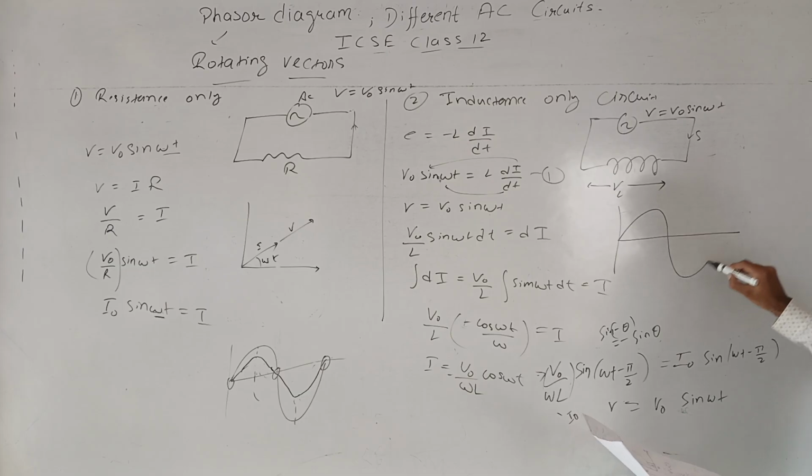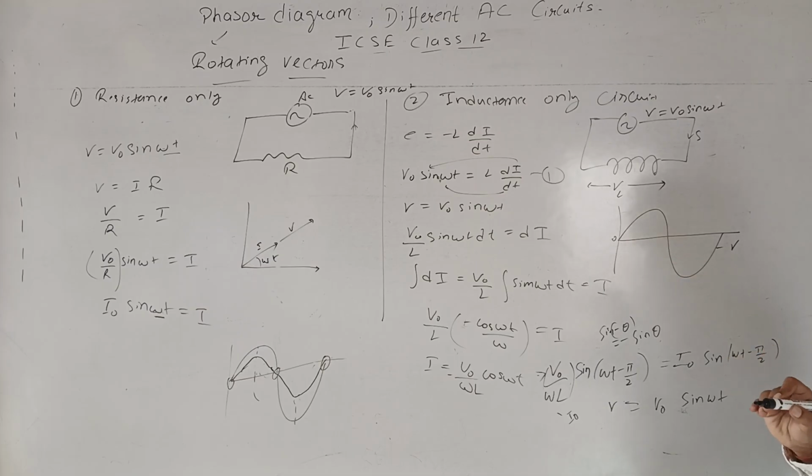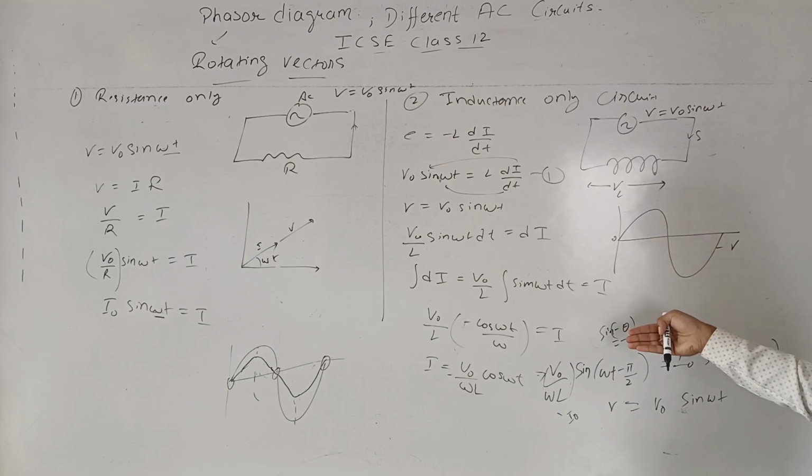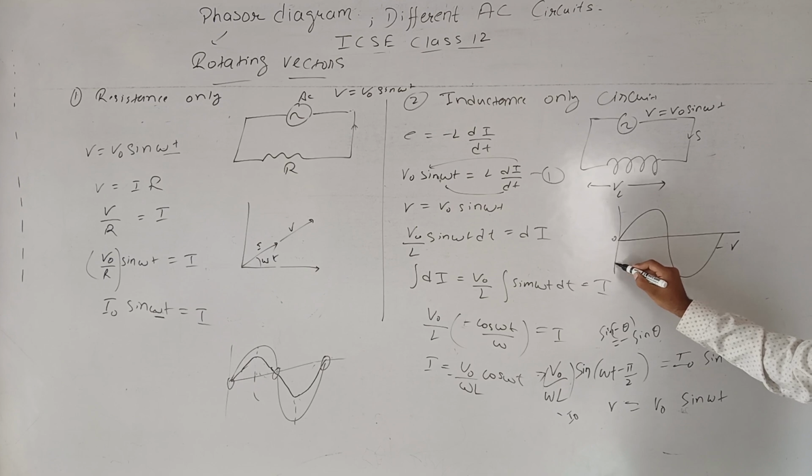Suppose this is the graph for the potential. When the potential V is 0, because the current lags behind by 90, at that time the current is not 0 but has its maximum value.